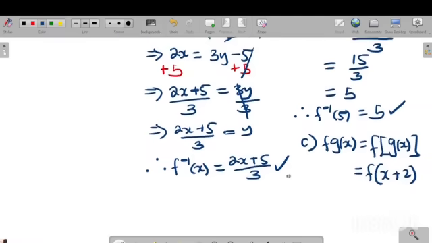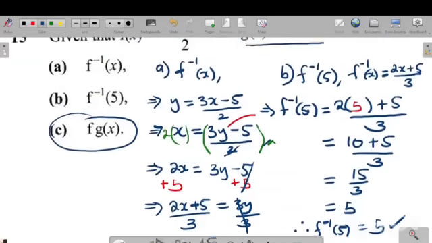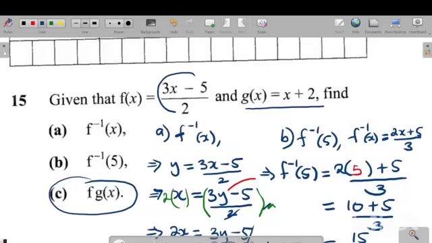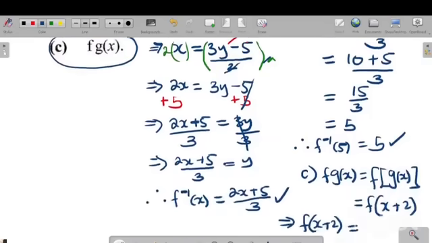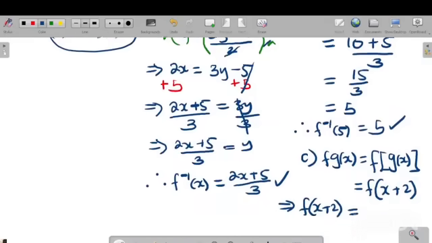Now, this will imply that the function f of x plus 2 is equal to, so meaning in the function f here, wherever there is x, you are going to replace the function g, which is x plus 2.